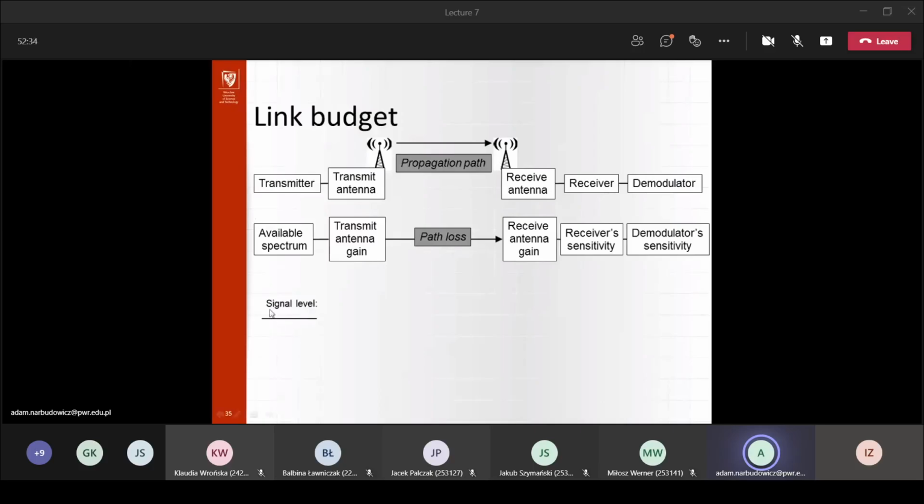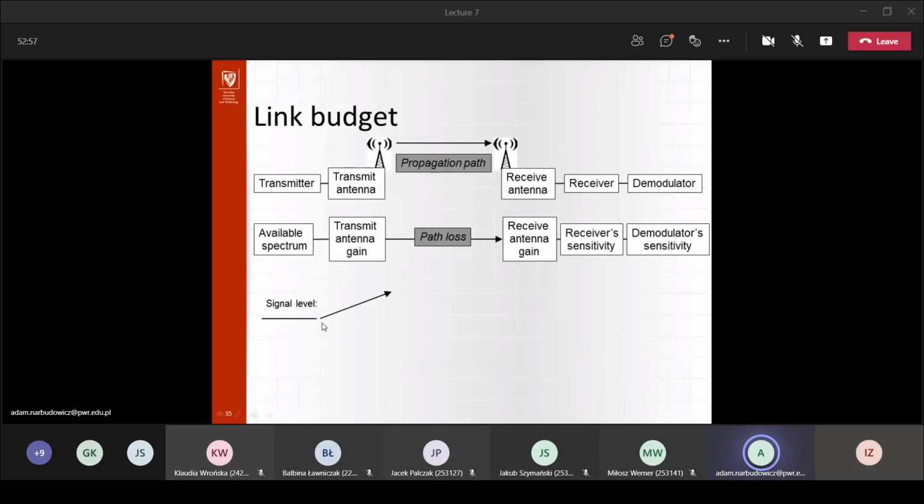Well, here on the transmitter side, we have a certain signal that is being generated, and then that signal goes to the antenna, and as some of you pointed out correctly, the antenna has a certain focusing capability.